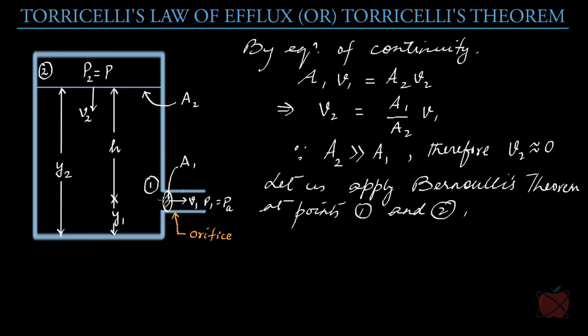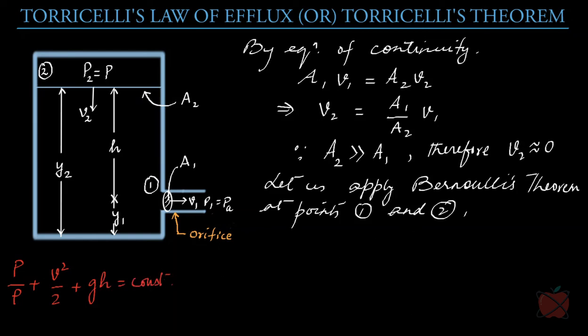At point 1, what will be the expression for Bernoulli's theorem? Let me write it at the side out here. Bernoulli's theorem says P by rho plus v square by 2 plus g h is constant. Got it?